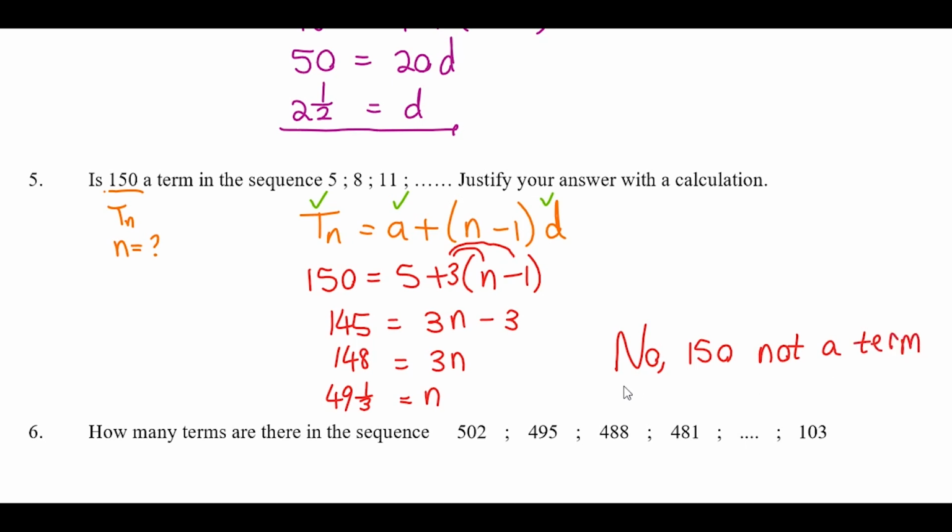The reason is that n, our term number, must be a natural number. The natural numbers are the whole positive numbers starting from 1: 1, 2, 3, 4, etc. Now in this case, n is in fact not a natural number, and because of that, it's not a term in the sequence.